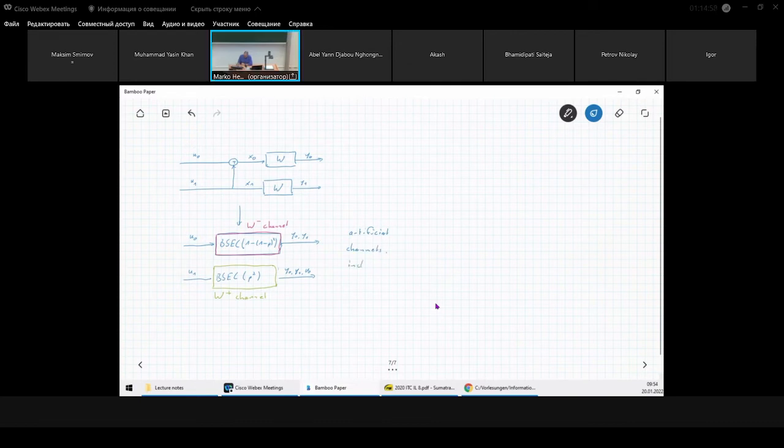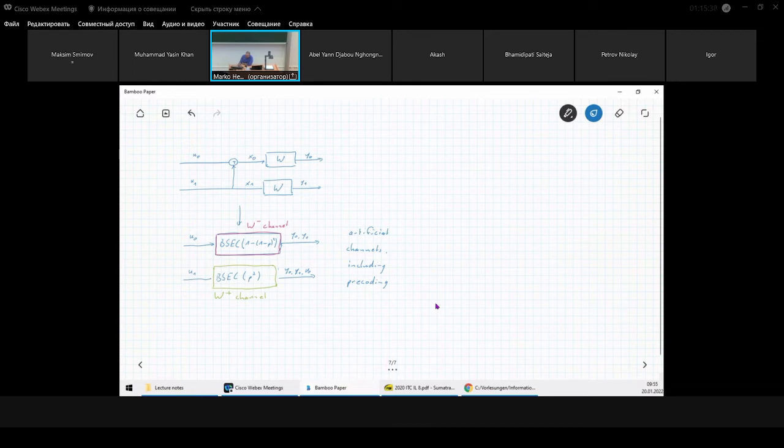Let me explain one thing which might be a bit hard to understand if you look at this first. About these channel outputs, why do I have u0 now as channel output here? Just start again thinking about the physical channel.